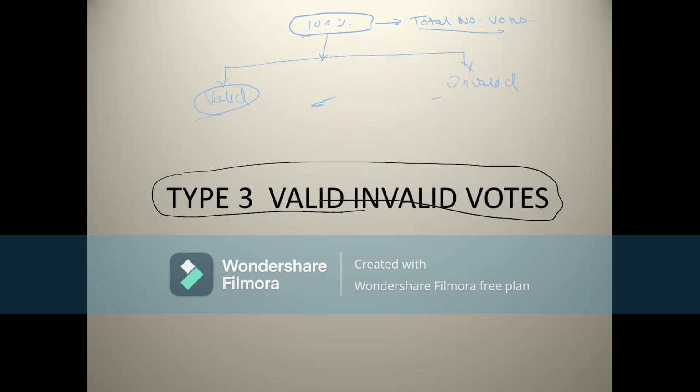From this total number of votes, that is from this 100%, some votes will be valid votes and some votes will be invalid votes. But the main result will always depend on the valid votes.